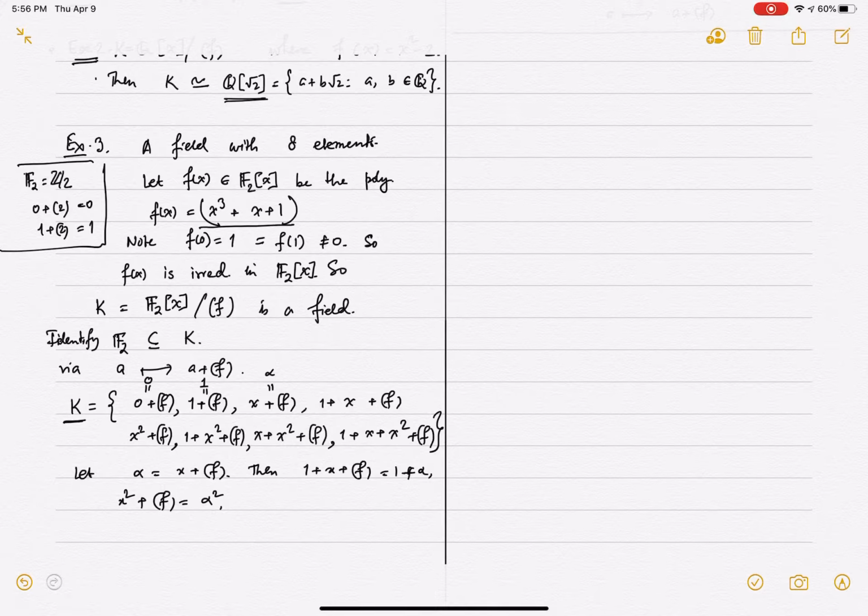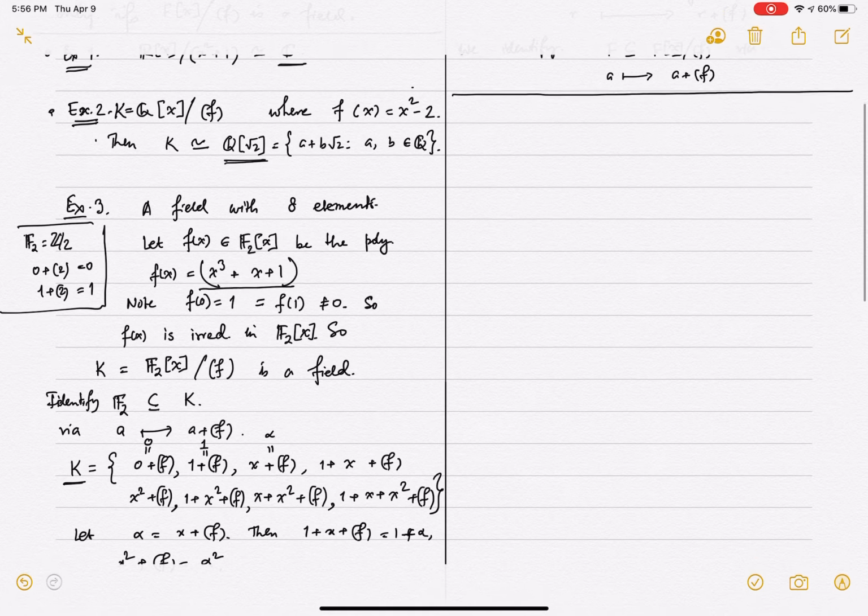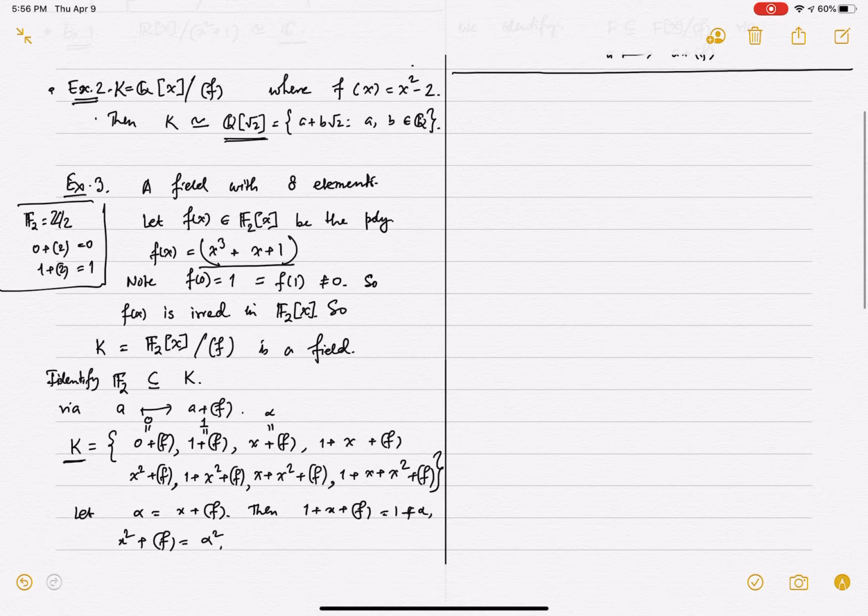So once you do that, then you verify that K is 0, but now by 0 I mean this 0, the 0 of K, 1, alpha, 1 plus alpha, alpha squared, 1 plus alpha squared, alpha plus alpha squared, and 1 plus alpha plus alpha squared.